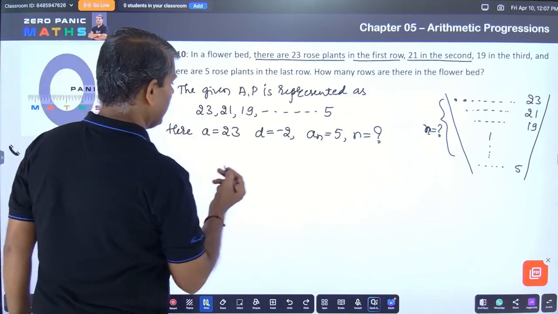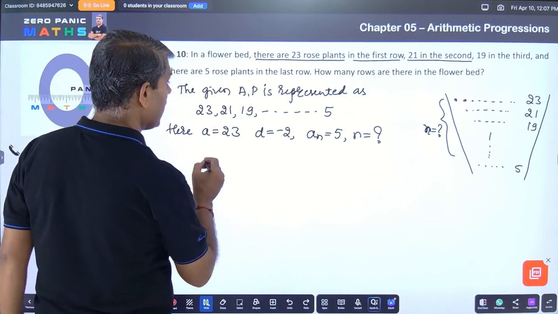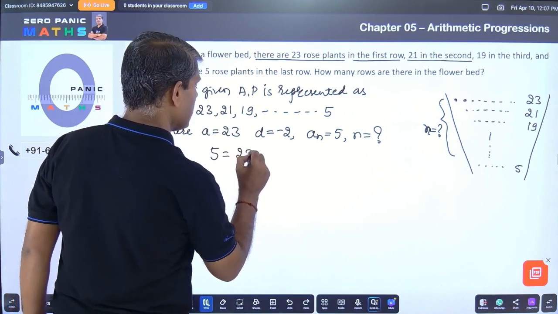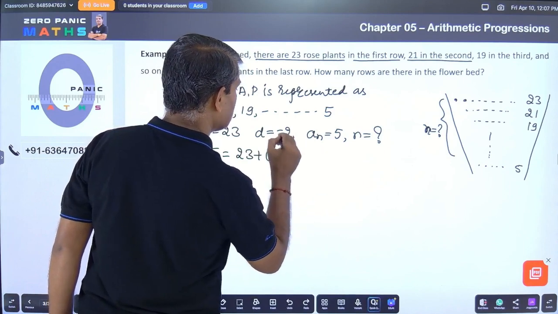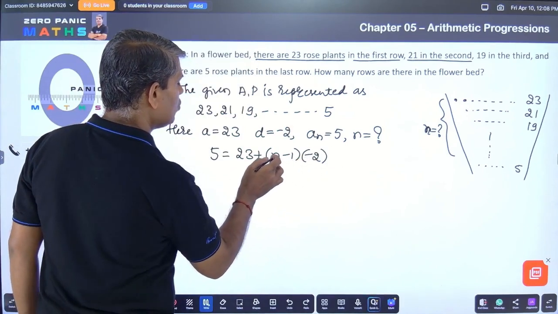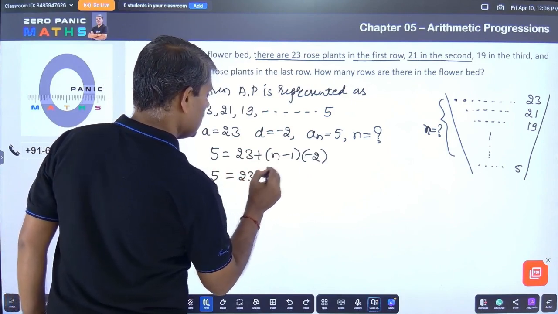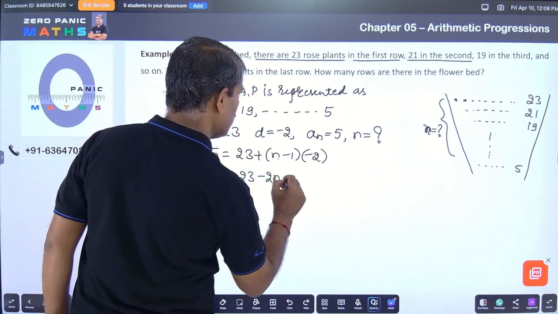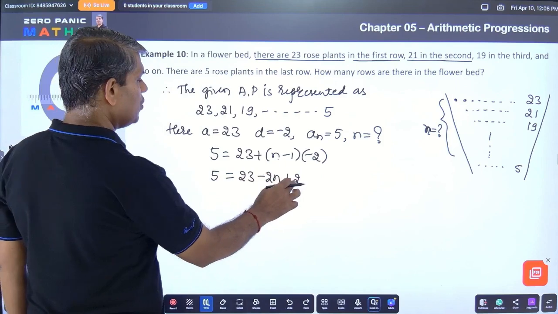AN is equal to A plus N minus 1 into D. Keep that in your mind. AN is 5, A is 23, and D is minus 2. Now multiply minus 2 to N and minus 2 to minus 1. So 5 equals 23 minus 2N plus 2. 23 plus 2 is 25.